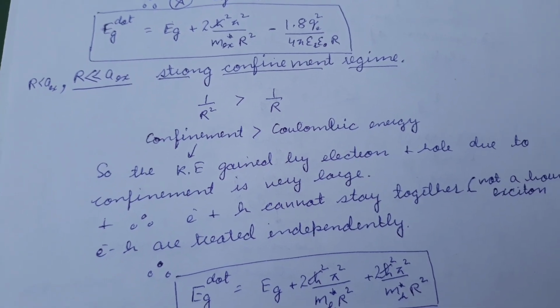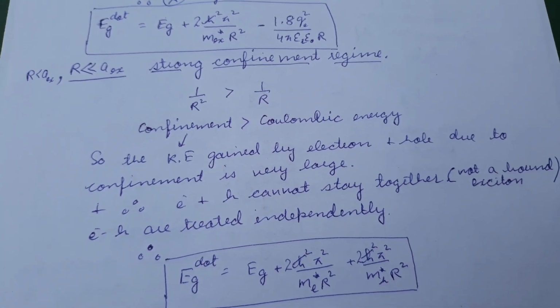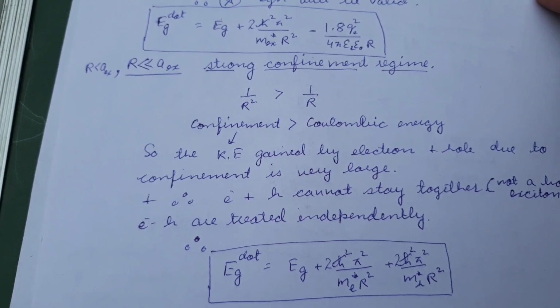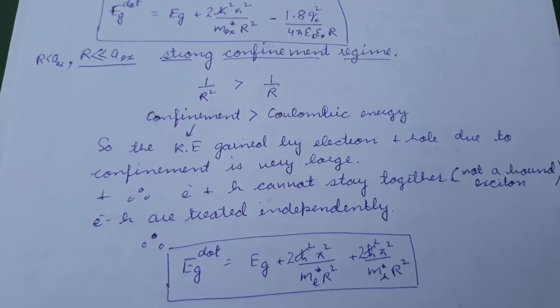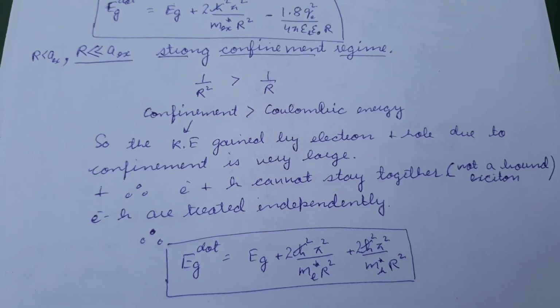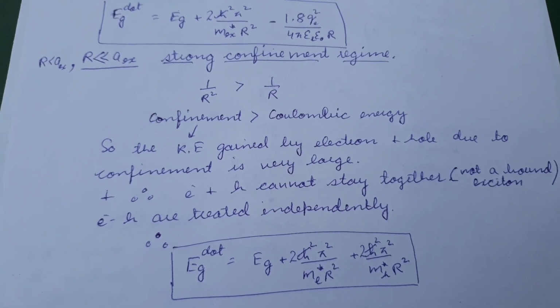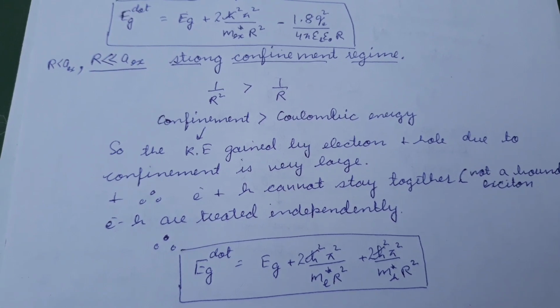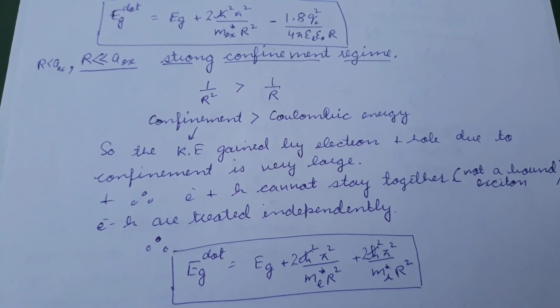Therefore the Coulombic attraction between the electron and hole will be lesser in comparison to the confinement energy. That is why the electron and hole will not be as bound as they are when the radius is of the order of the Bohr excitonic radius.